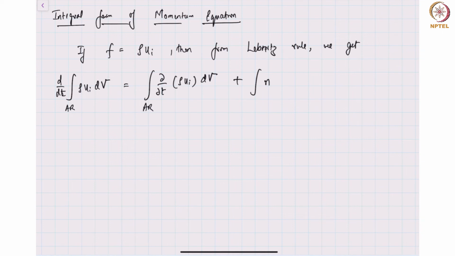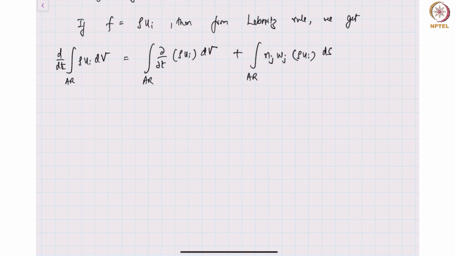But notice that the index i is already used. It's a free index, so I cannot use i again. So I'm going to use another index, j, for a repeated index. That is, this is nj wj f times ds, where f is rho ui. This is the arbitrary region.